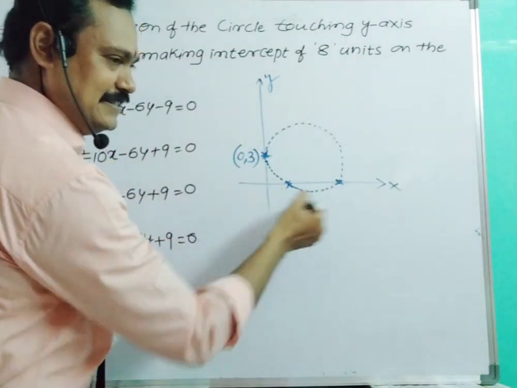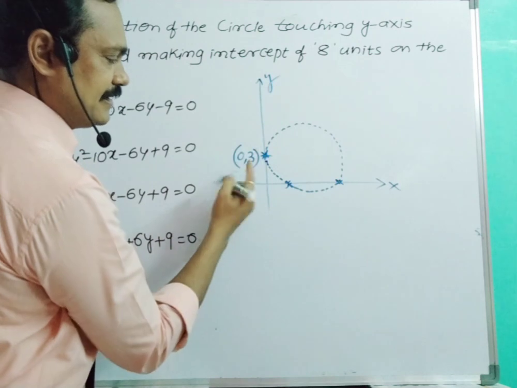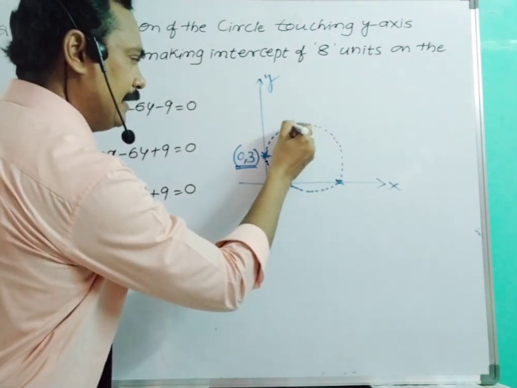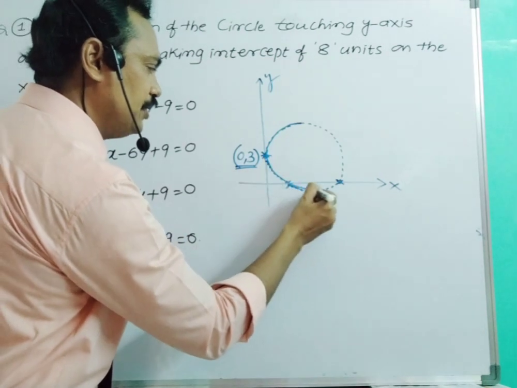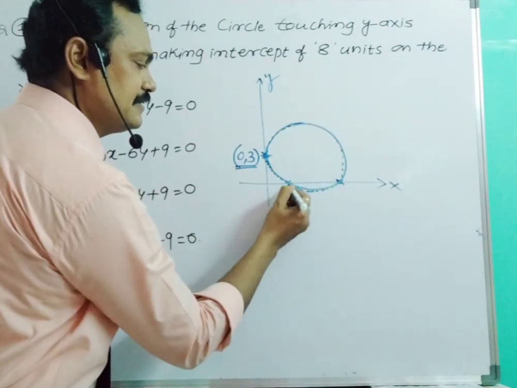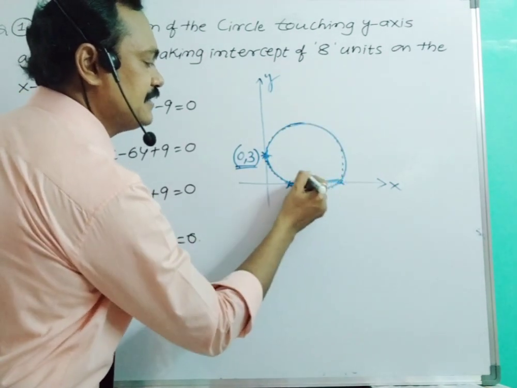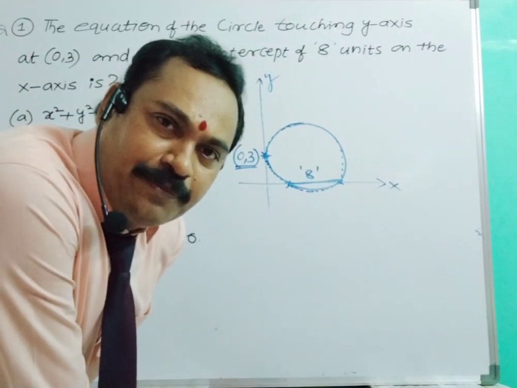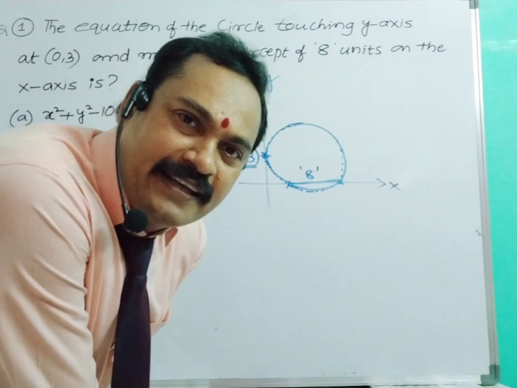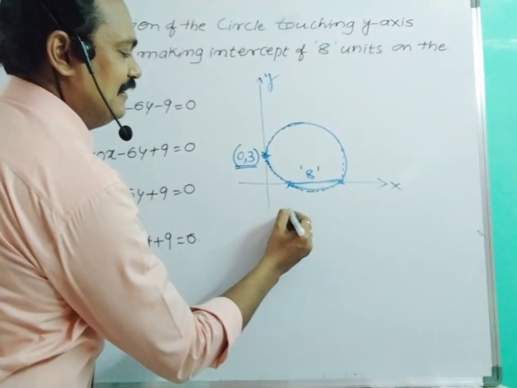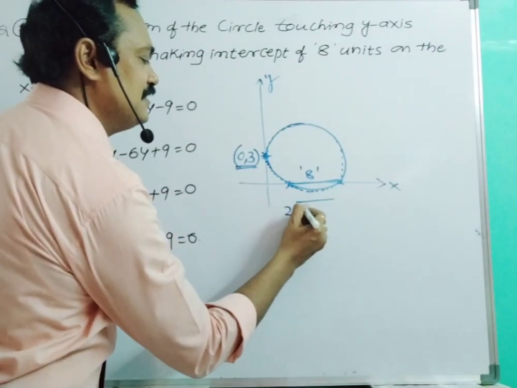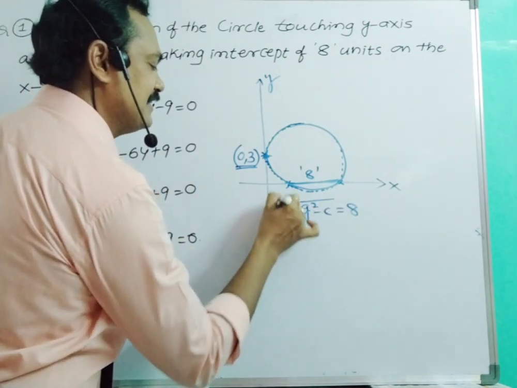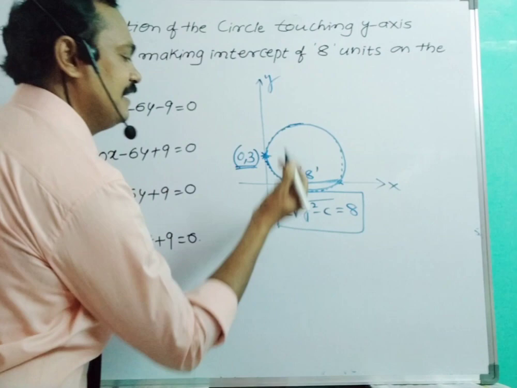Our given circle is touching the y-axis at the (0, 3) point and making how much intercept on the x-axis? This intercept is given as 8. What is the intercept made by the circle on the x-axis? That is 2 root over g square minus c, that is given as 8.